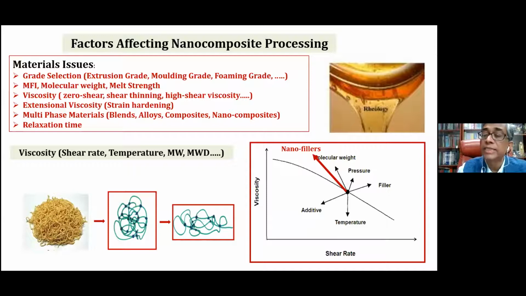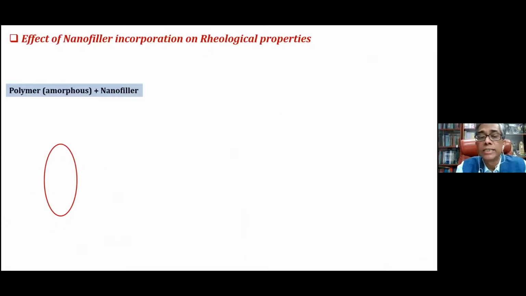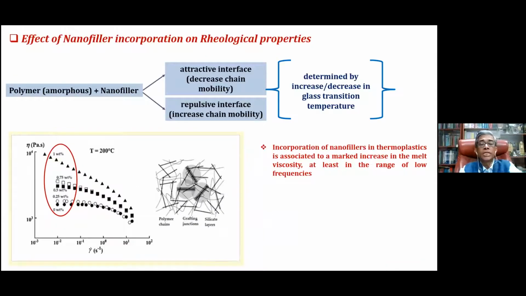And this is another challenge, that we cannot mix very well. This red line can be shifting in many different ways based on the different nanofiller; I've just shown it as a tendency. In one study, we added nanofiller at 0.25%, 0.5%, 0.75%, and 1%.